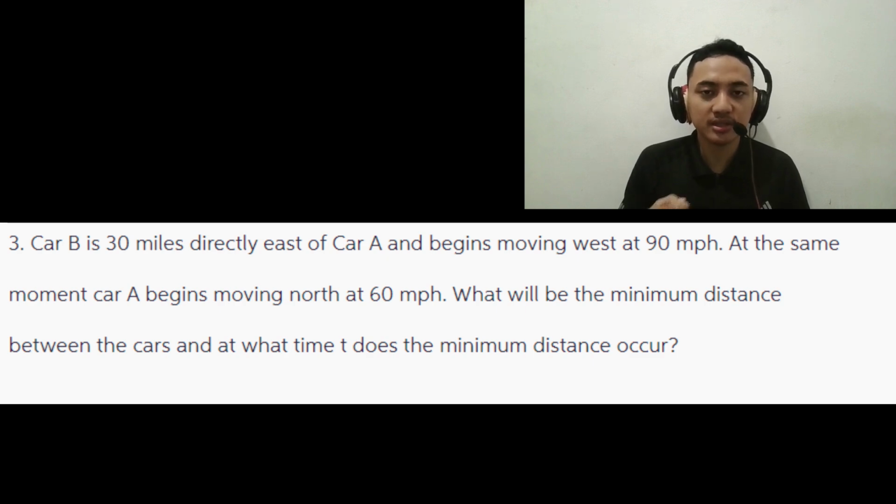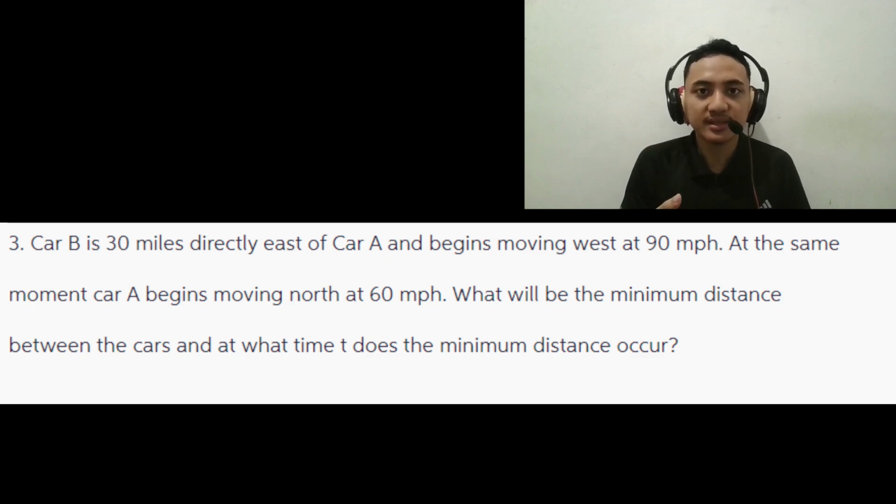We must understand and collect the data of the initial positions and speeds of both cars. And then we use the Pythagorean theorem to express the distance as a function of time. And then the fourth step, idealization, we must make a model.